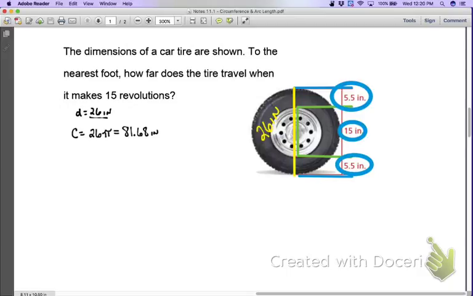A 26-inch tire from edge to edge actually goes 81, almost 82 inches. Okay, so a little over 6 feet.